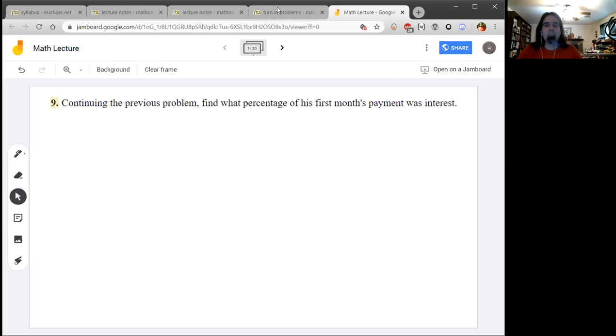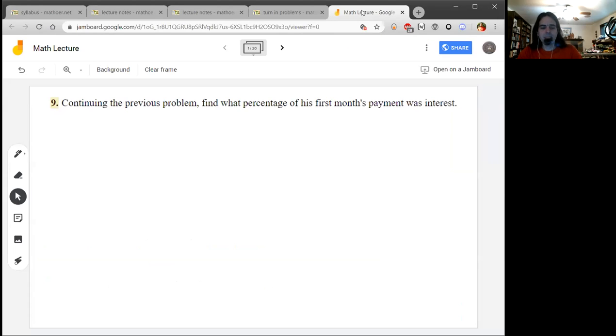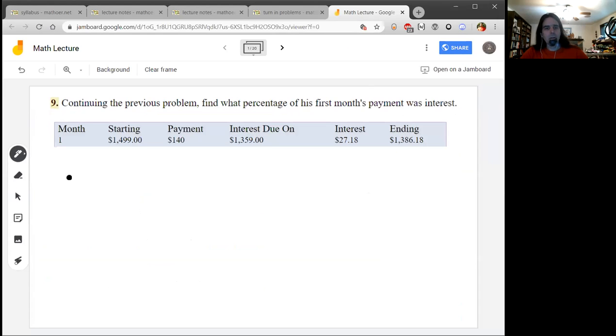So this one, you don't have to do anything previously. We can say, here's the first month. And while we wait for that to transfer, the percent is going to be our part over our whole.